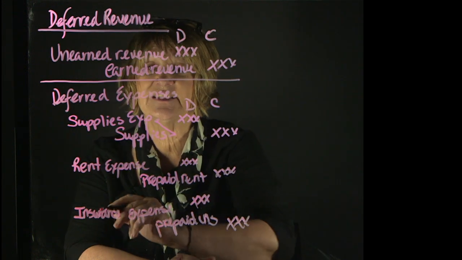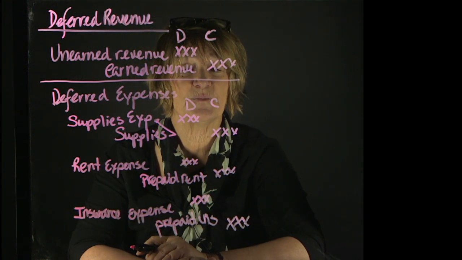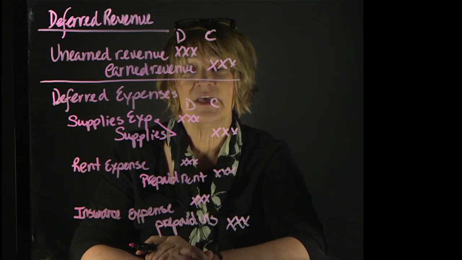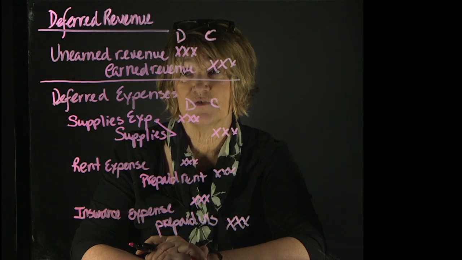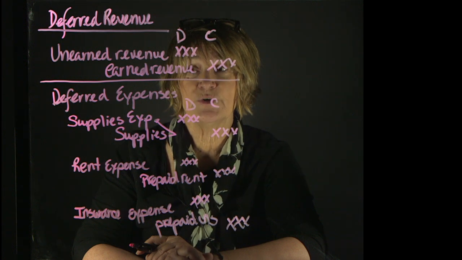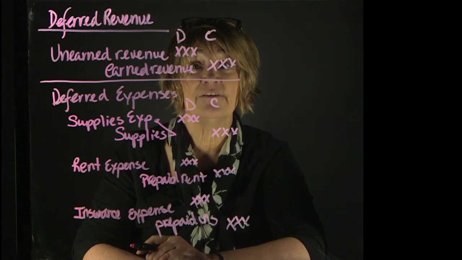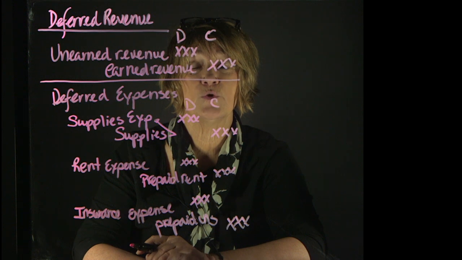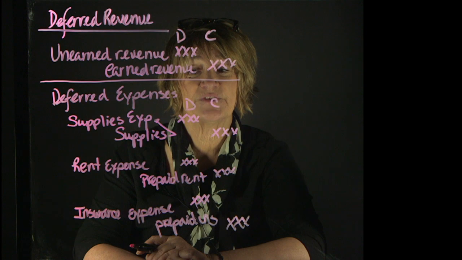So these are all examples of deferred expenses and adjustments that potentially you would need to do in your adjusting entries before you can prepare the financial statements. So as you can see, there are 5 major adjusting entries, one for accrued revenue, one for accrued expenses, one for depreciation expense, and then these 2 for deferred revenue and deferred expenses.